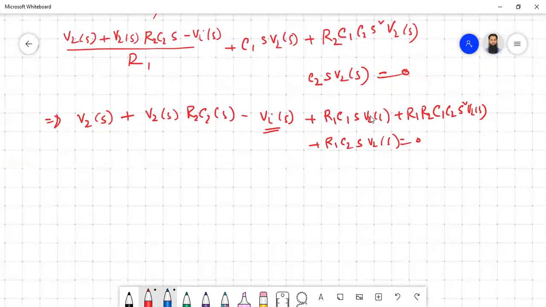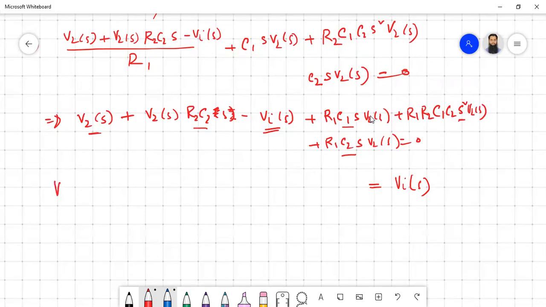So you can easily take common of the V2S from one side, and we can send the V1S to the other side. In the V2S, as you can see, there are some S terms. So this is one S term, this is another S term, this is also S term, and this is S square, and this is simply V2S.